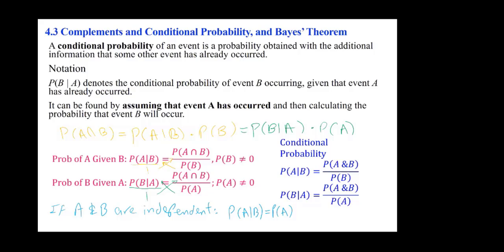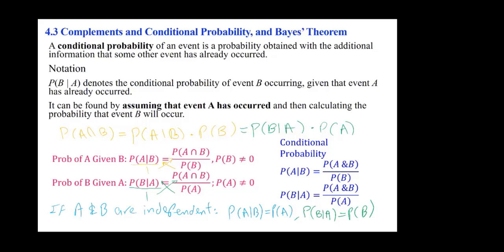So if you want to prove independency, the definition is fine and dandy, but understand how to prove it with math. And also, the following must be true: probability of B given A is equal to probability of B. In both cases, conditional probability becomes a marginal probability. When I say marginal probability, that means P of A, a simple event.